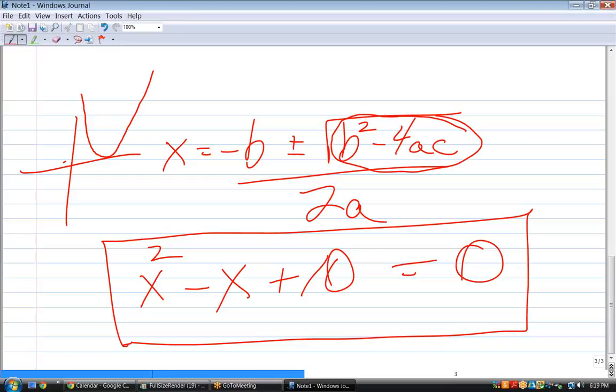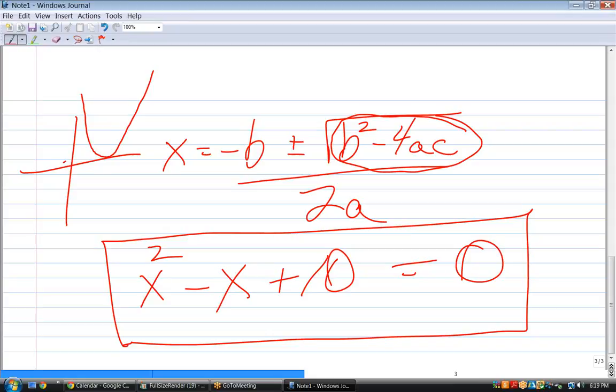So that's why the discriminant is an important value: it gives you a preliminary test as to what kind of solutions you're looking at for the quadratic. And sometimes, depending on the nature of the problem, if you know that you're only going to have imaginary solutions, you don't need to go any further.